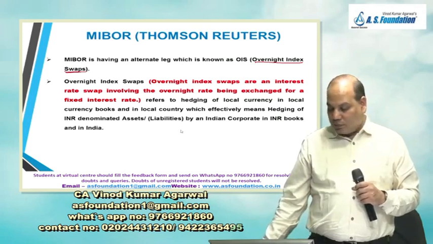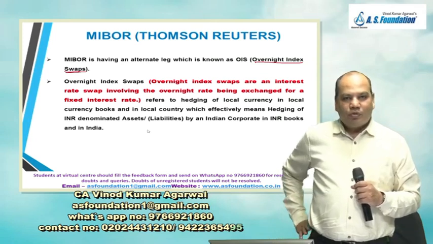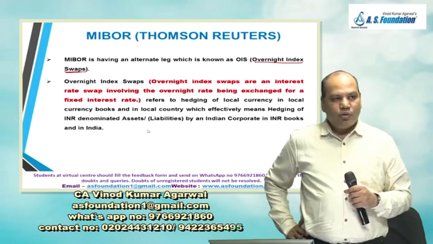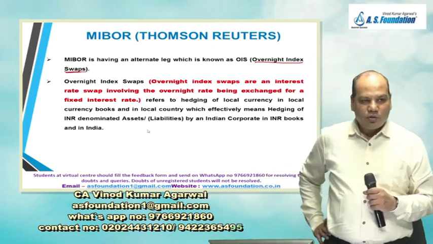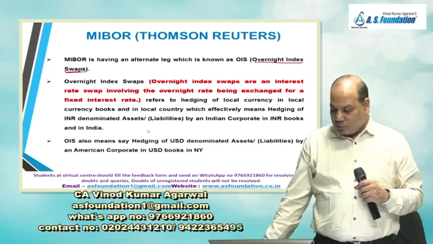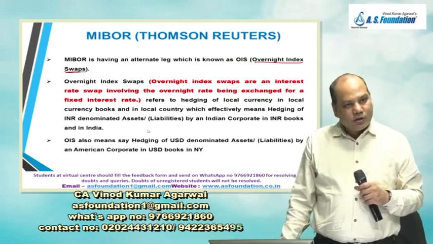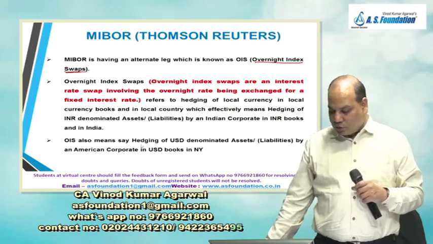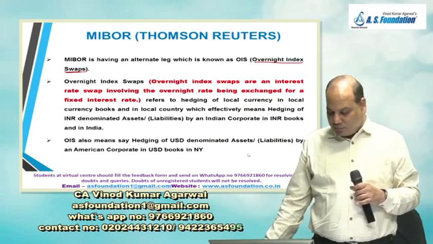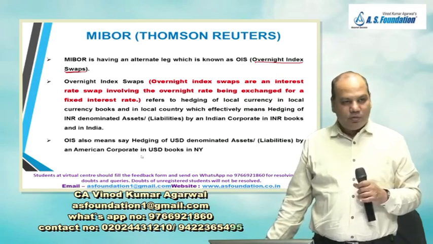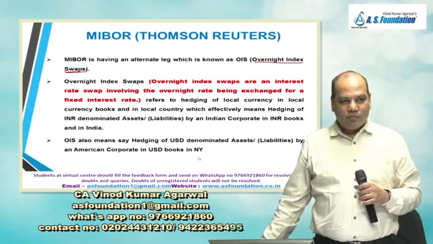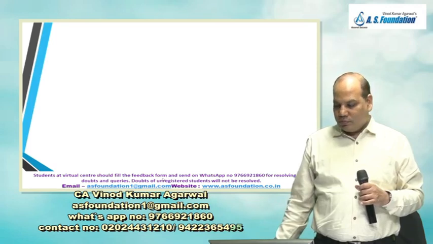Because if you have a debt instrument, as the market rate of interest changes, the value of those debt assets or debt liabilities also changes. So you can use overnight index swap to hedge the value of such assets and liabilities. OIS also means, say, hedging of USD denominated asset or liability by an American corporate in USD books in NY. What is NY? New York.